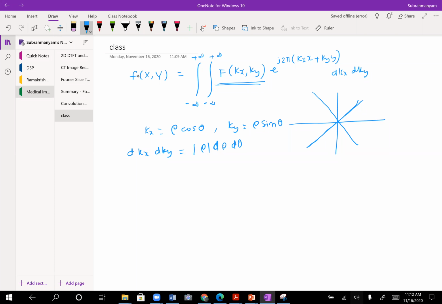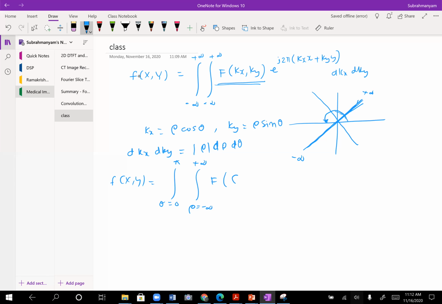Okay. And this f of xy, you could now write it as, if I'm varying rho from minus infinity to plus infinity across this, and if I just cover this distance, then that's good enough, isn't it? Theta is varying from 0 to 2 pi. Rho is varying from minus infinity to plus infinity.